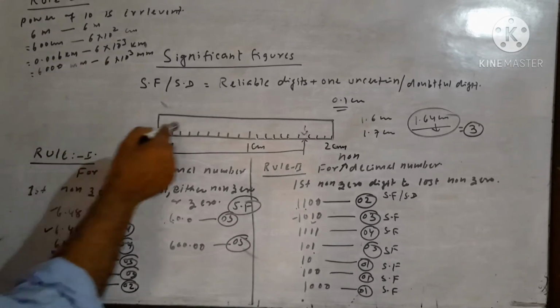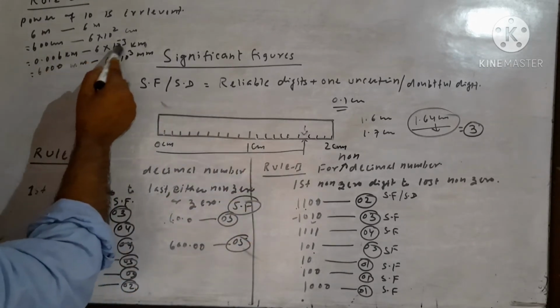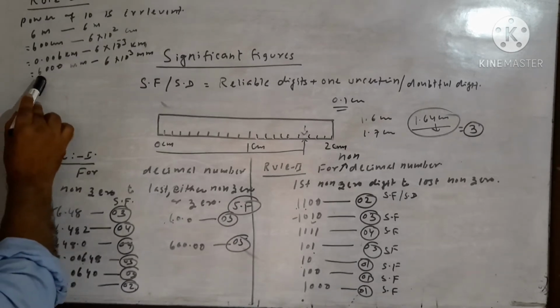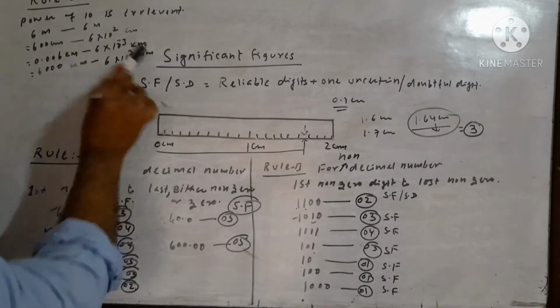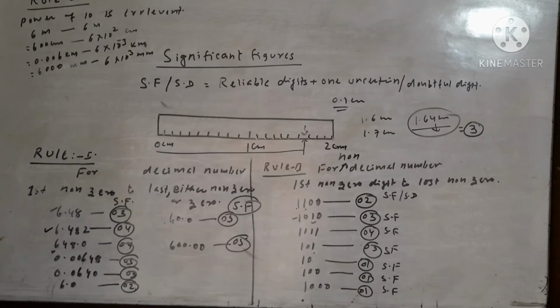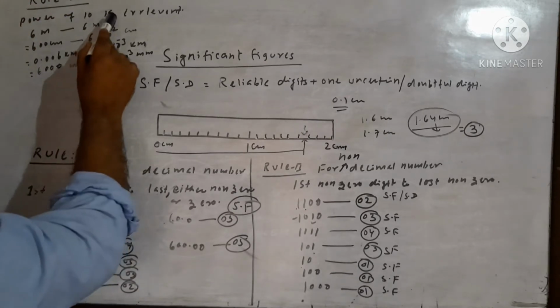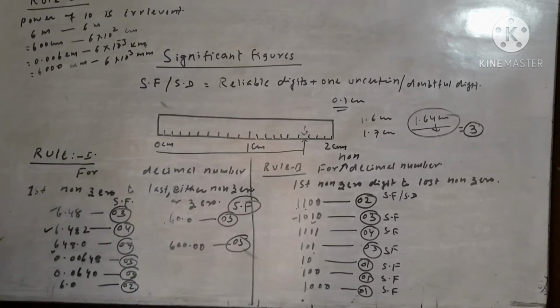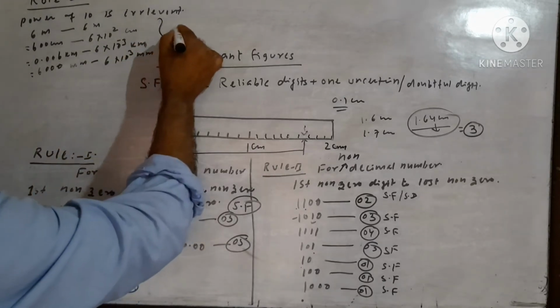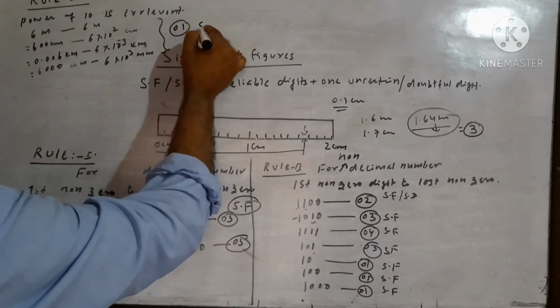Similarly 6 into 10 to the power minus 3 kilometer, and 6 into 10 to the power 3 mm. No change in the digit. So the power of 10 is irrelevant, and hence the significant digit is only 1.